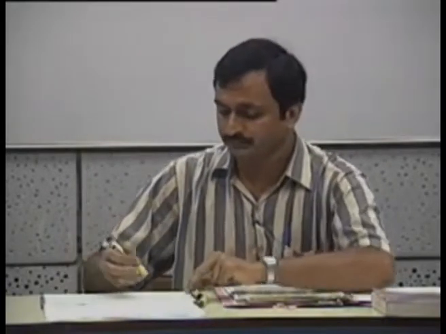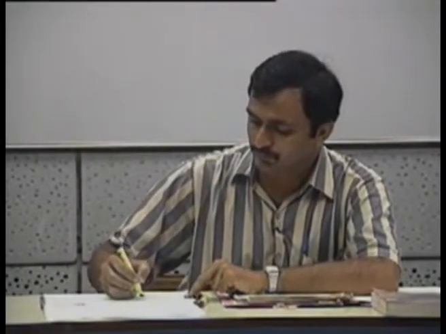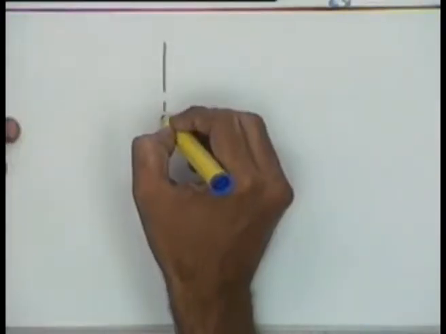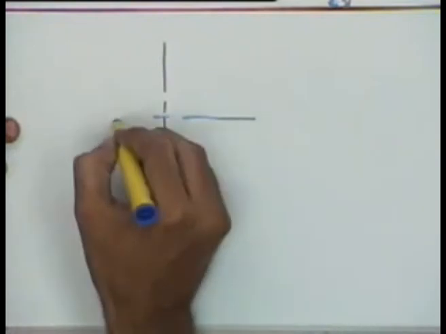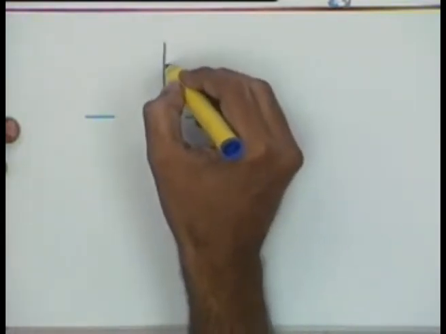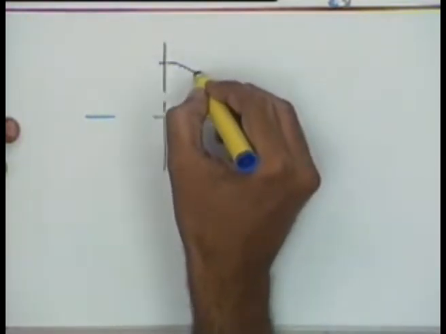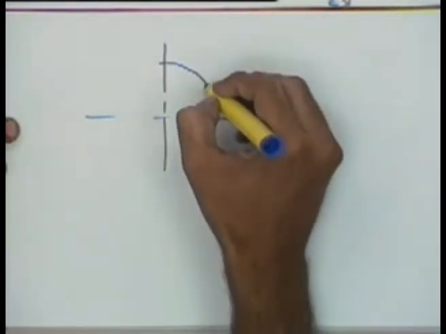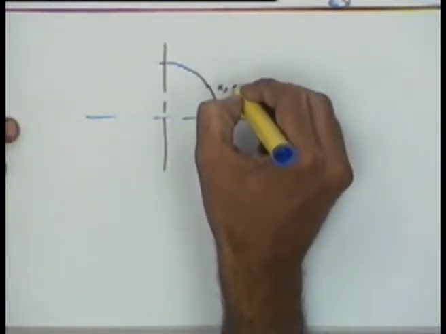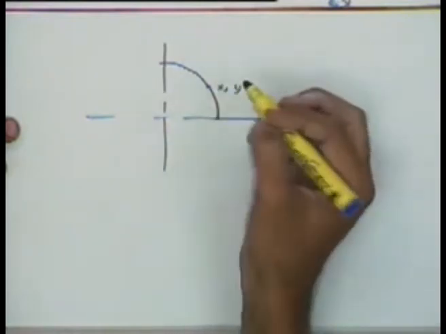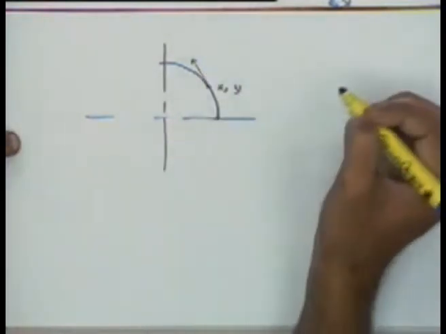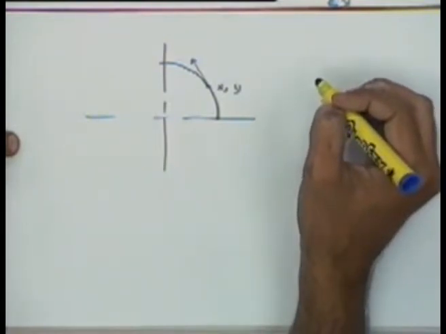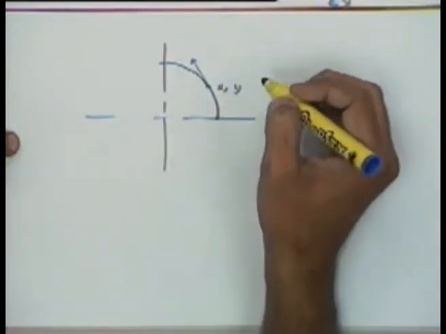If you just look at this figure, this is a pixel x y, the initial pixel being drawn. The next pixel to be drawn is along the slope of the curve, the slope of the circle at that point.